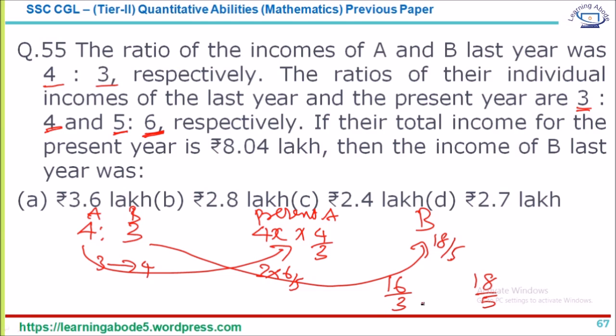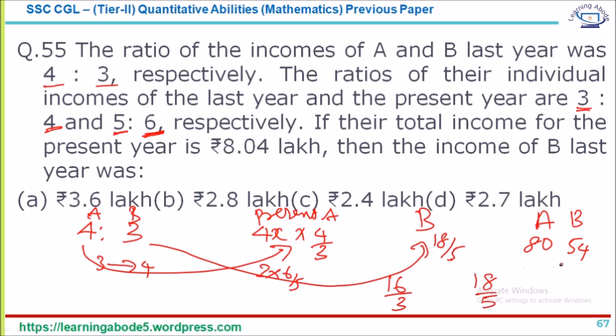Now to make it a fraction, we can just multiply by 15, right? So if you multiply by 15, A's worth will become 80 and B's worth will become 54, right?